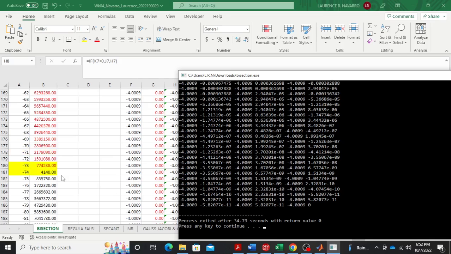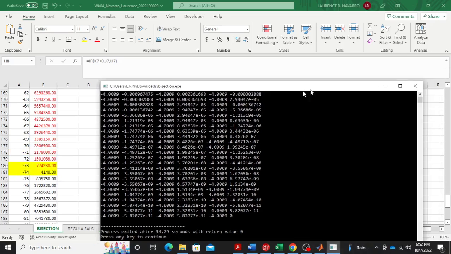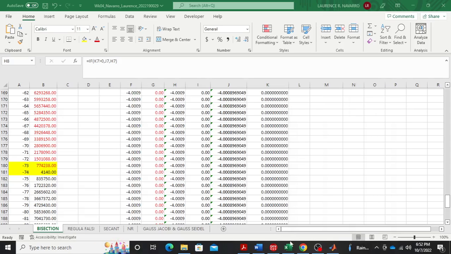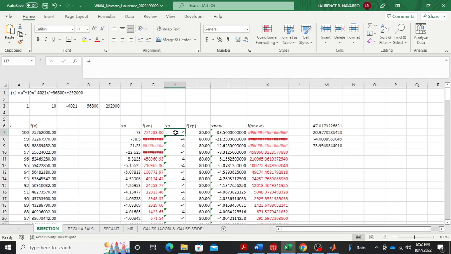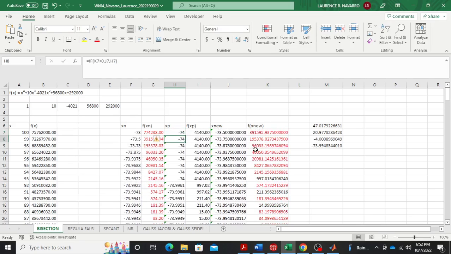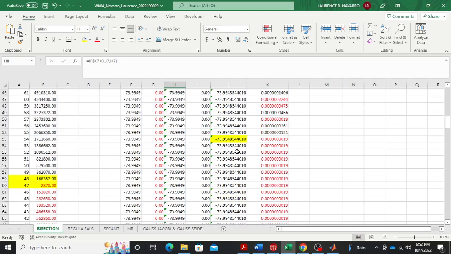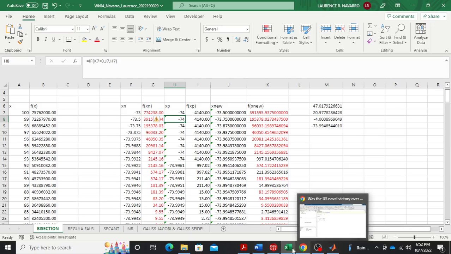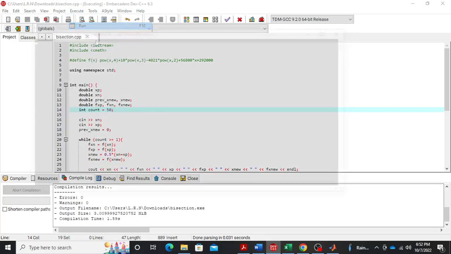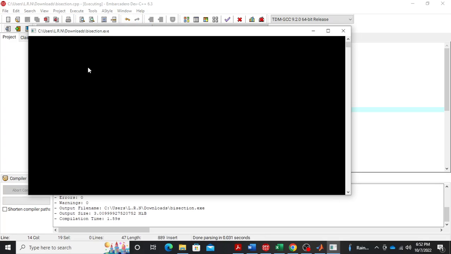And for the last root, we will have -73 and -74 respectively. This one should have been -73.984. If we run it again, -73, -74. Oh, sorry.